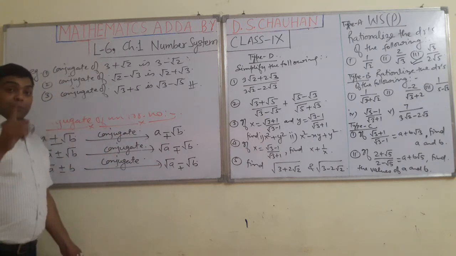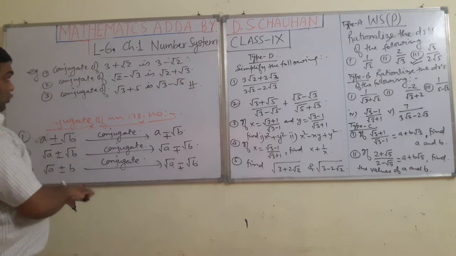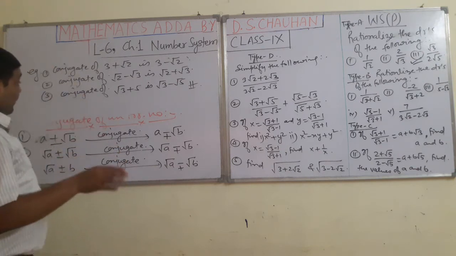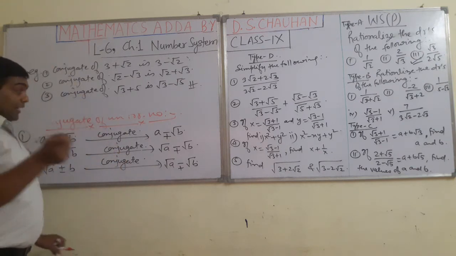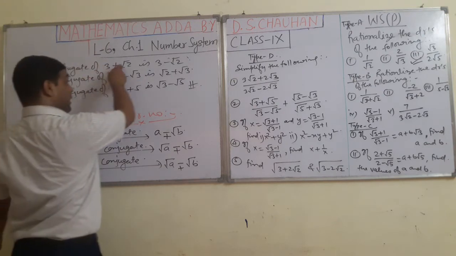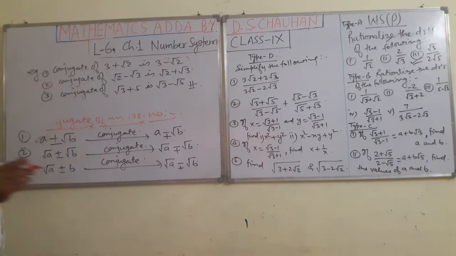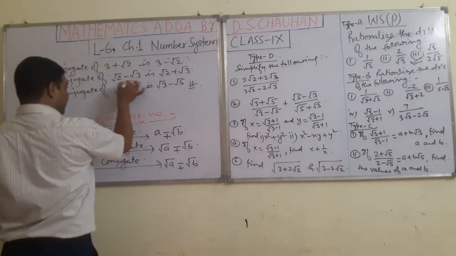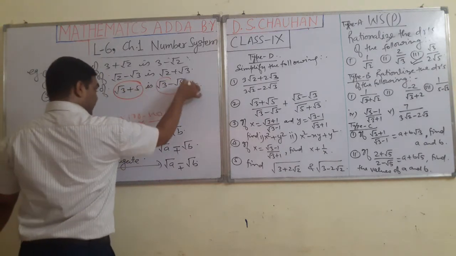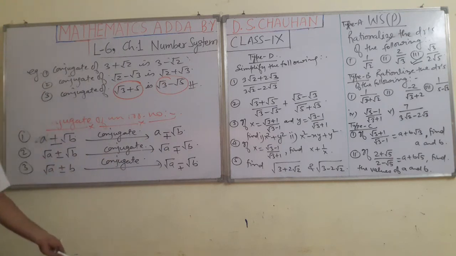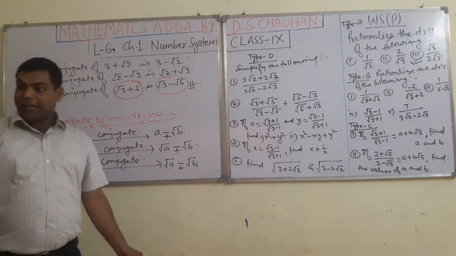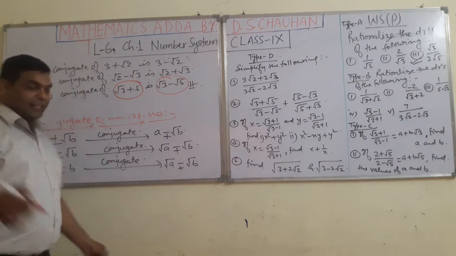Well, one very important point you can get by multiplying a given irrational number by its conjugate. One thing for your information, students: as you are looking, this is an irrational number, and this is also an irrational number, meaning the conjugate of an irrational number is always irrational.